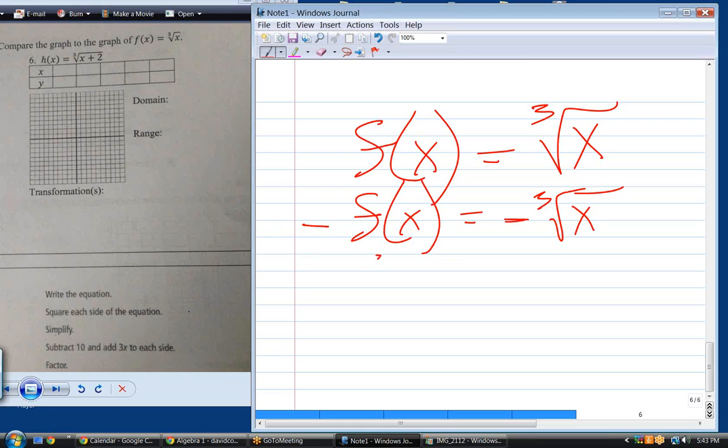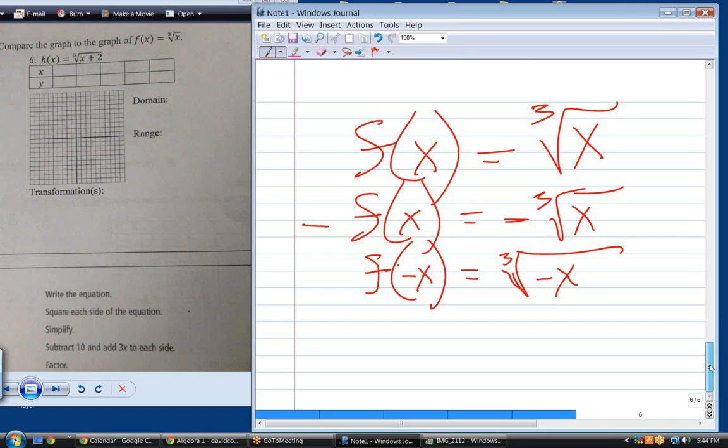That's a reflection over the x-axis. Well, you can also do this. You can have an f of minus x. I don't know if they've talked to you about this yet, but that's where the negative sign goes in front of the x, like that. Okay? That is a reflection over the y-axis. Okay.